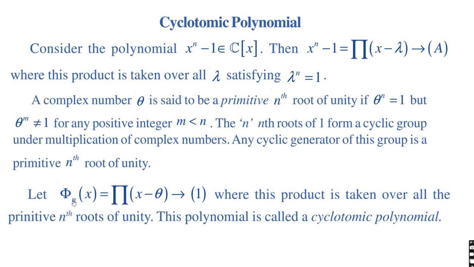Now if we denote this phi suffix n of x as the product of x minus theta, where this product is taken over all the primitive, it is not n, it is m, all the primitive nth roots of unity, then this polynomial is called the cyclotomic polynomial. So this polynomial, which is named as 1, is called the cyclotomic polynomial.